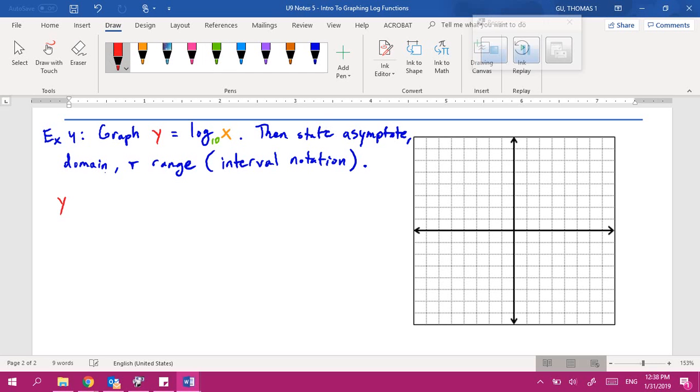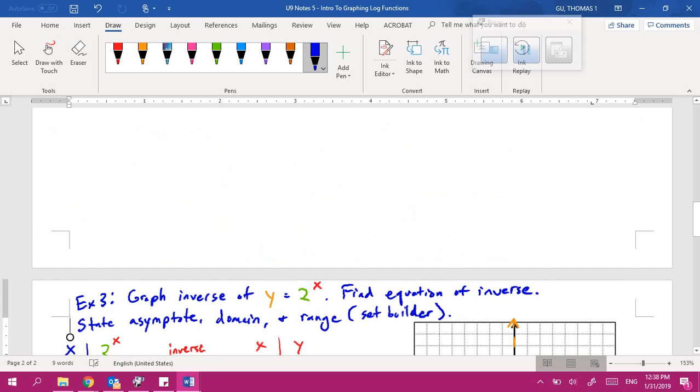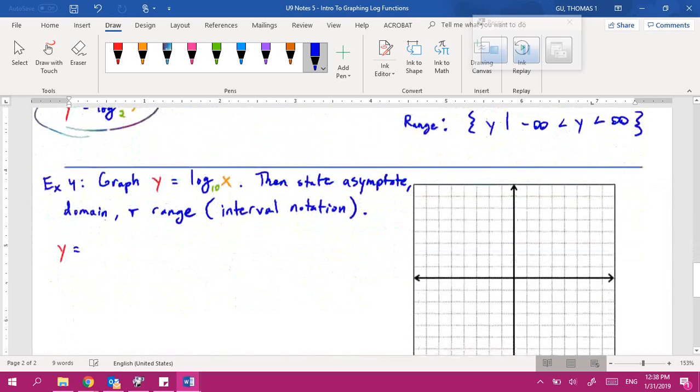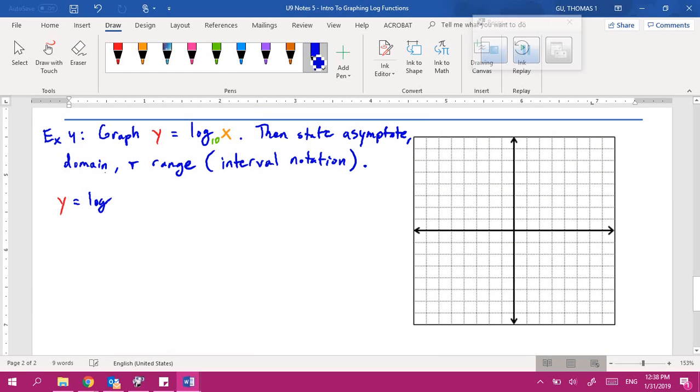So y equals log base 10 of x. We're writing the 10 here just to not get confused. If we change this equation back into exponential form, then we'll be able to find some x and y values. So how am I going to change this back into the inverse?